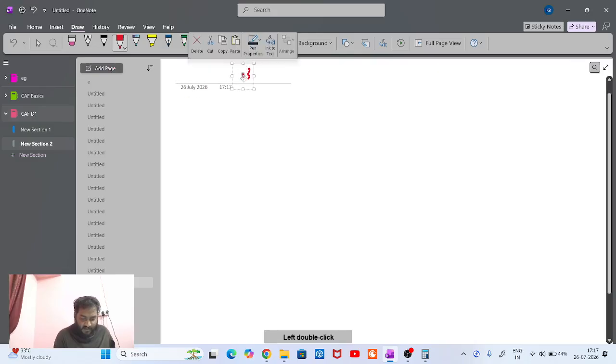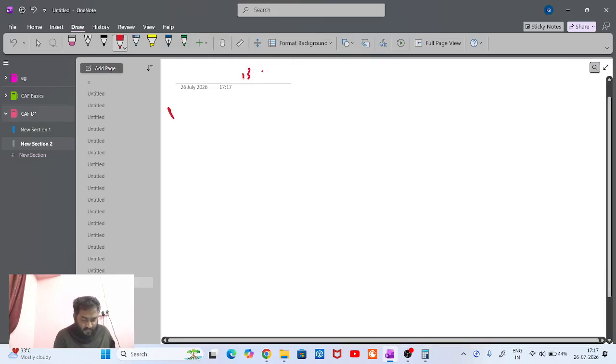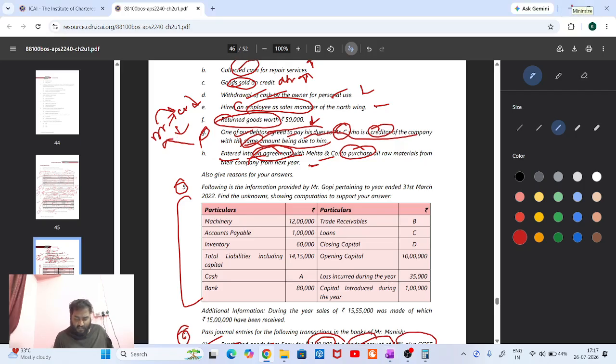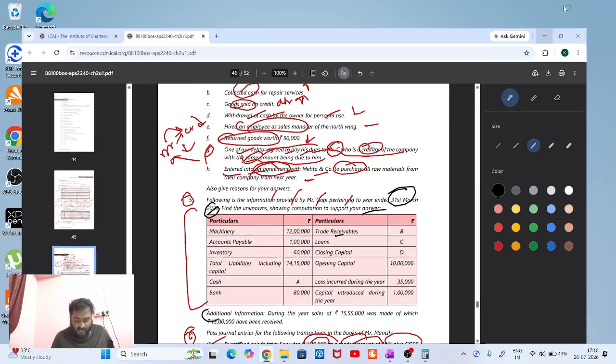Page number 14, practical question 5. The question is information provided by so-and-so for the year ended 2022. Keep this aside. What are they saying? Basically, they are giving the balance sheet. Just enter whatever is given to us.